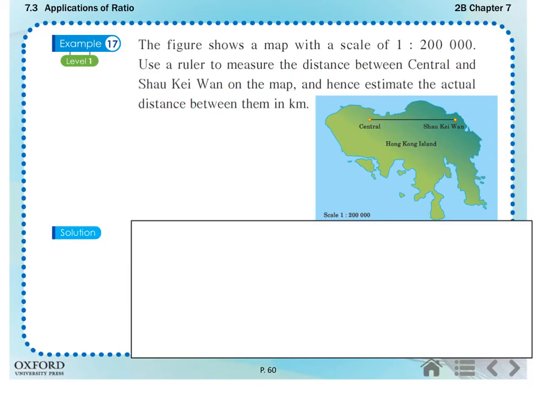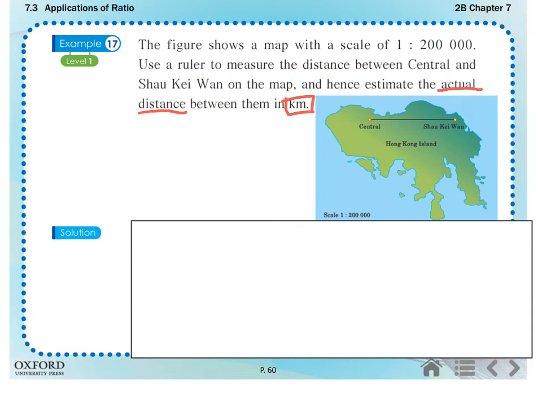Okay, let's look at example 17. This one is the scale 1 to 200,000. Use a ruler to measure the distance between Central and Sha Tin and estimate the actual distance here in kilometers.